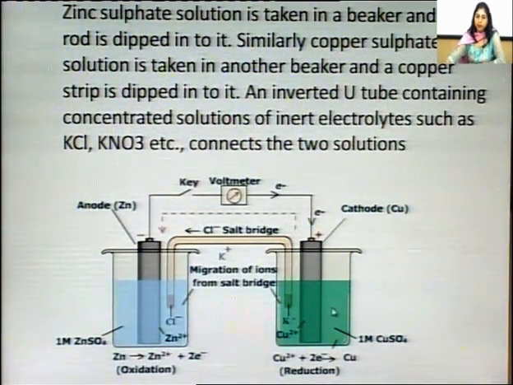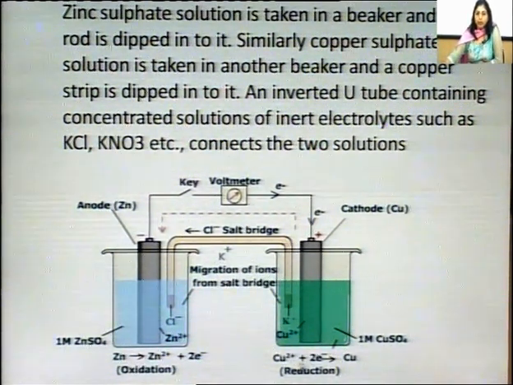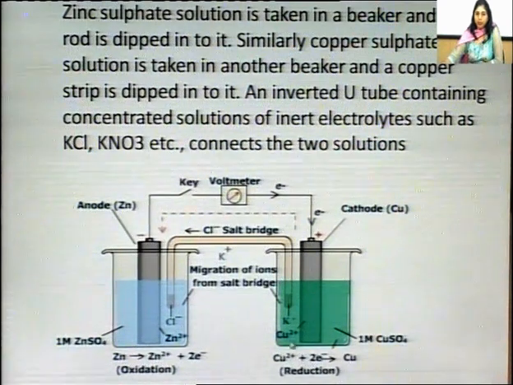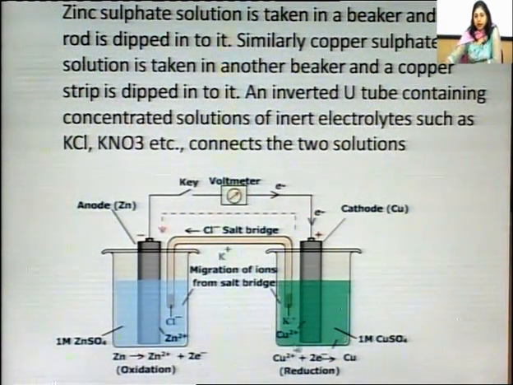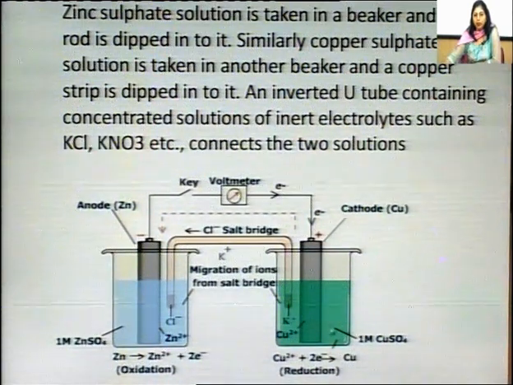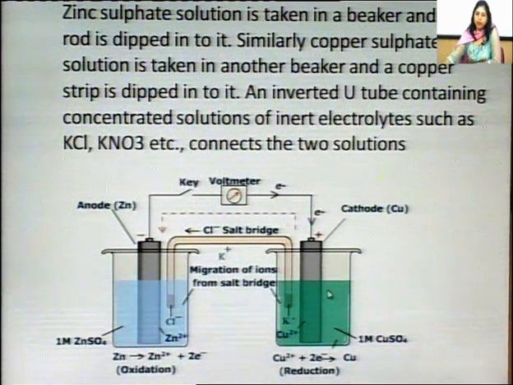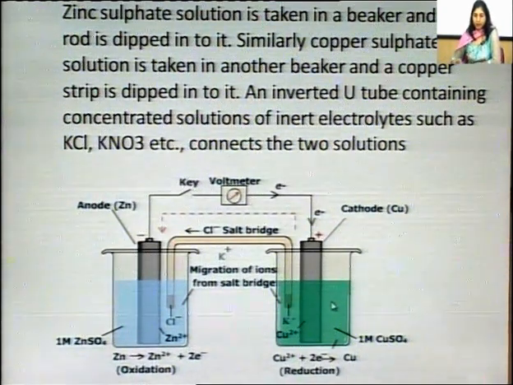Simultaneously, in this half cell, after the gain of 2 electrons, these copper ions are decreasing in number. So, due to the decrease in the concentration of copper ions, only sulfate ions will be left behind. So, the overall charge on this beaker will be negative, and it will also stop its working.